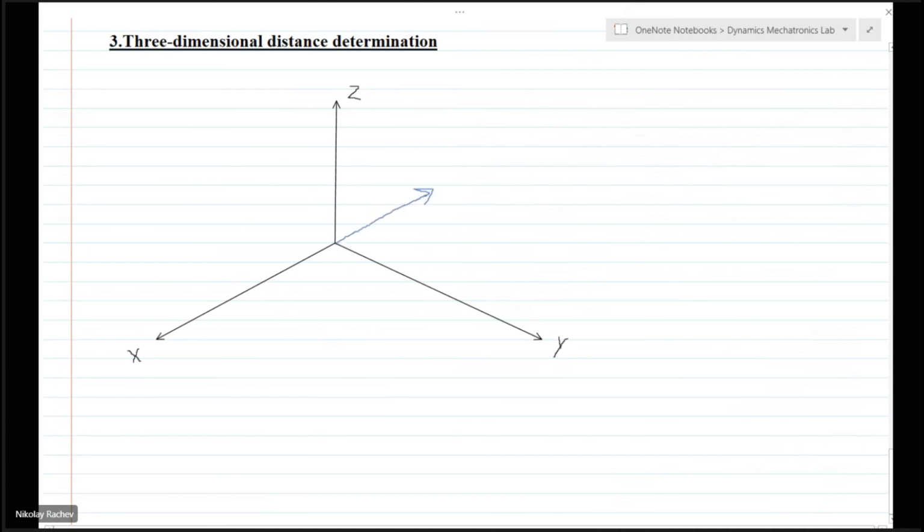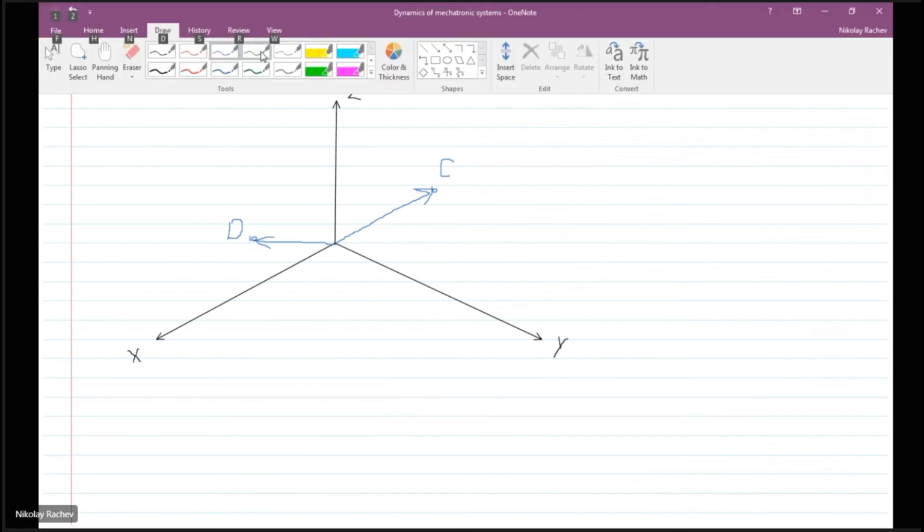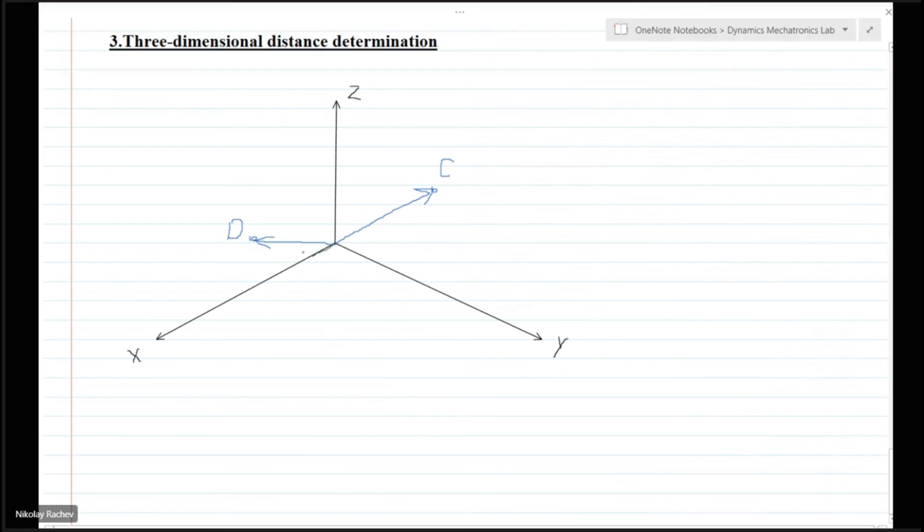That is some vector point C here, and another one vector point D here. And what we see drawn for us, I will use the green color. I will draw a little parallelepiped here.